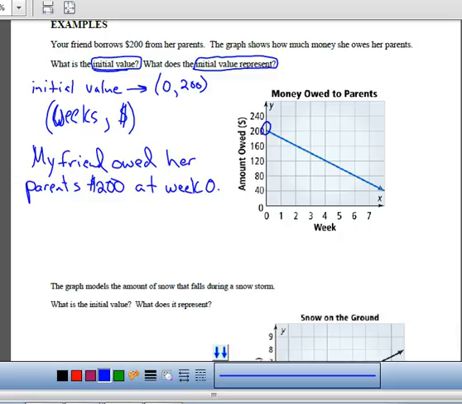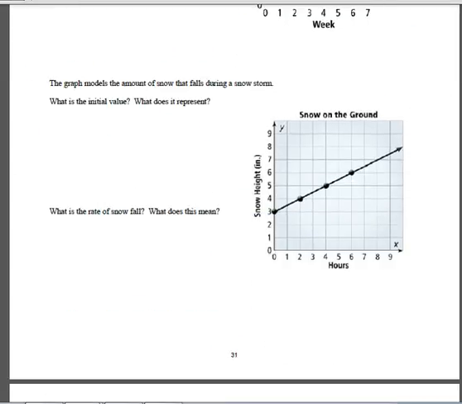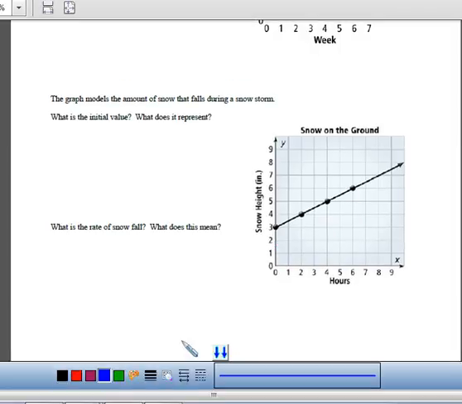And then we have one more example. It's the graph below. It models the amount of snow that falls during a snowstorm. Great time of the year to be answering a question like this. Let me switch up the color here. There's some red. Alright, what is the initial value? What does it represent?